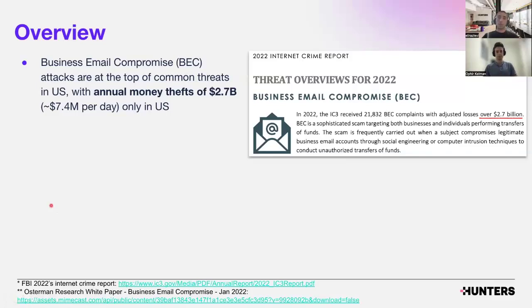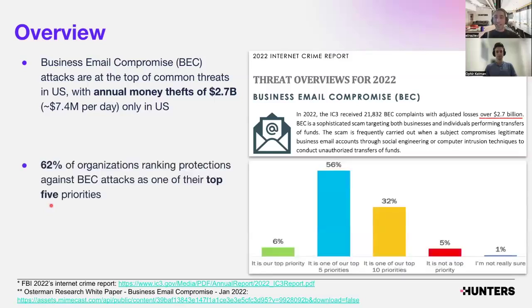According to the FBI annual report, the total financial loss from business email compromise is around $3 billion per year. This is more than $7 million per day. These numbers are reported to the FBI in the US alone. The actual number worldwide is probably much, much higher.